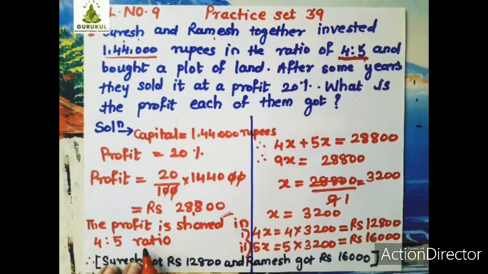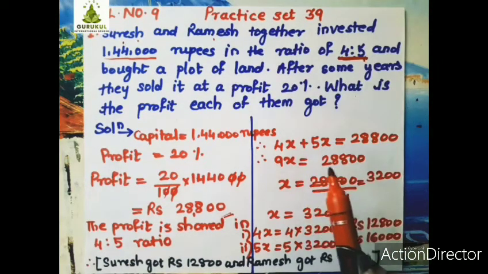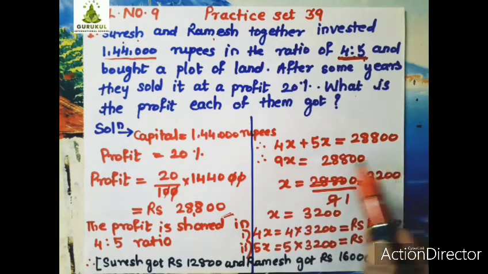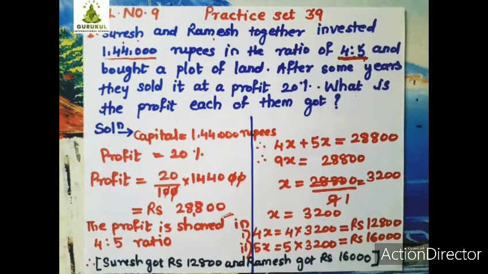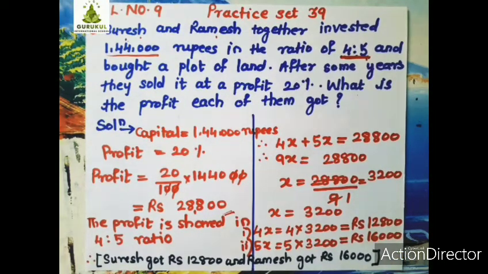Then the ratio you have to convert to a normal coefficient form, multiply it by letters and find out the actual value for x or any letter, and then calculate that profit or loss accordingly. So this was the first sum for practice set 39 of partnership.